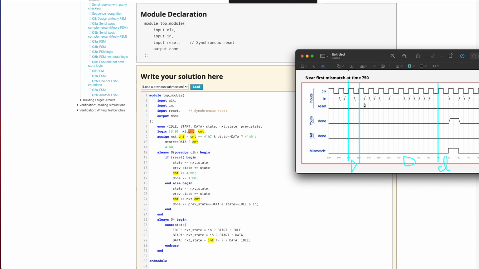Then this count is 0, and this can't be start. So what is it? Can't be idle. Idle can't go to data. So it has to be data somehow. And can data be stuck at 0?